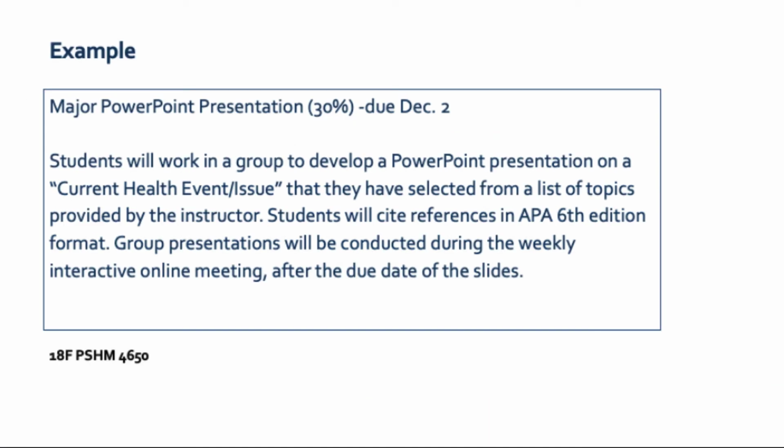Let's look. I found this from Maria's PSHM 4650 course. She used a group project to increase peer-to-peer engagement. As you can see, she provides what and how her students need to do by when as a group.